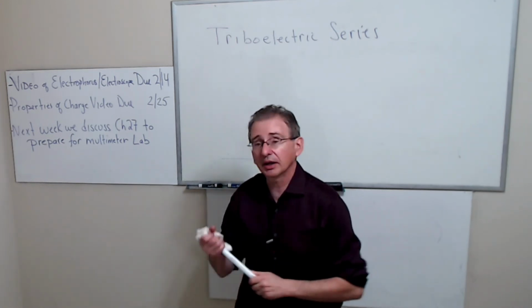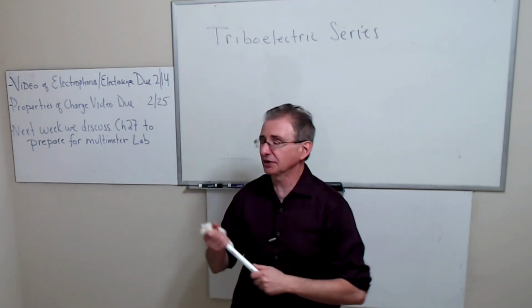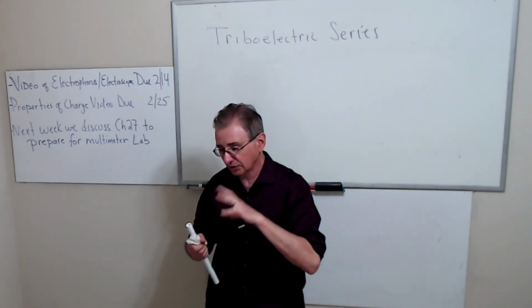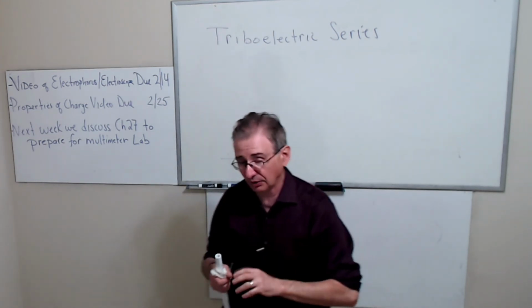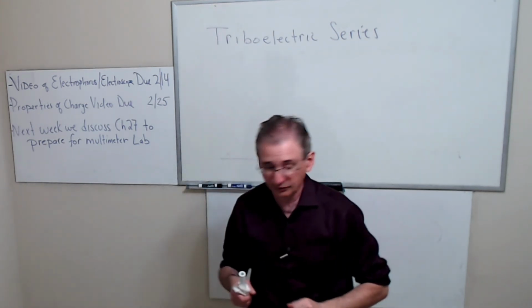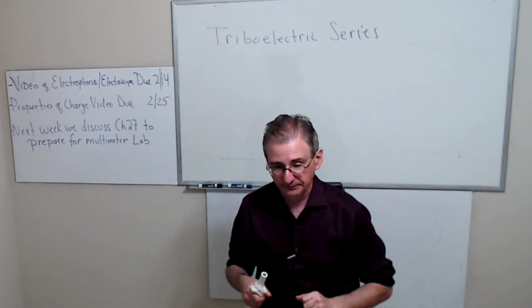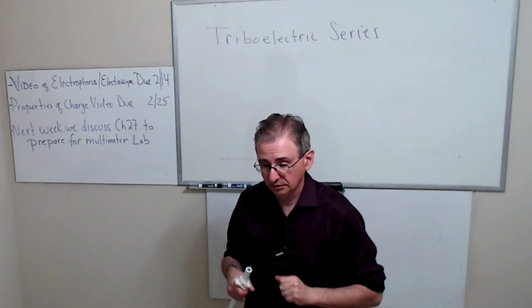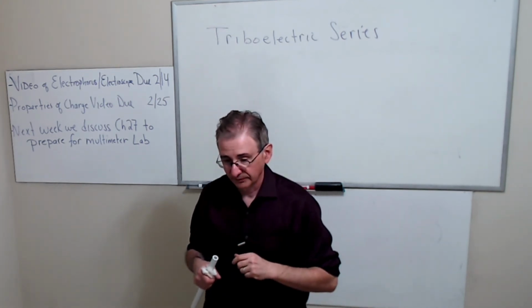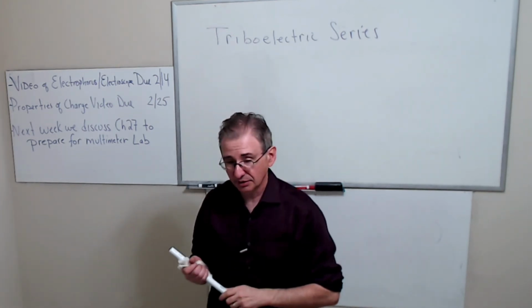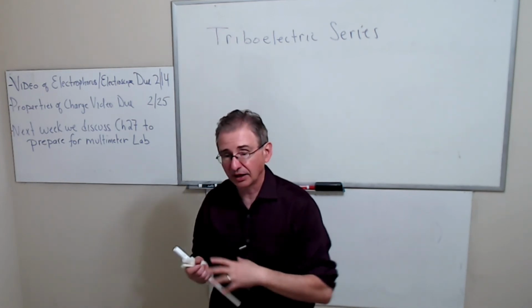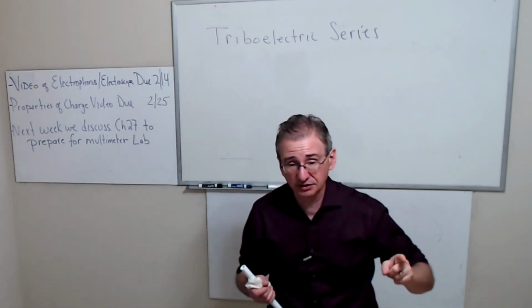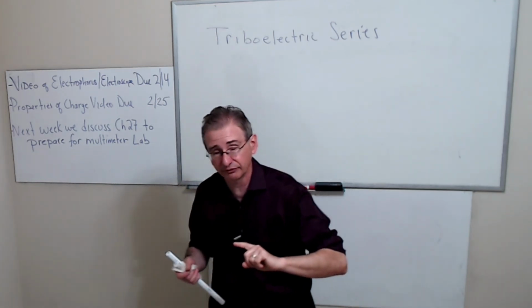You can be rubbing as much as you want, producing as much friction as you want. If the two materials have the same electrical properties, you will not be transferring charge. So what really dictates charging by contact is that one material likes to pick up negative charge, the other one likes to give it off.